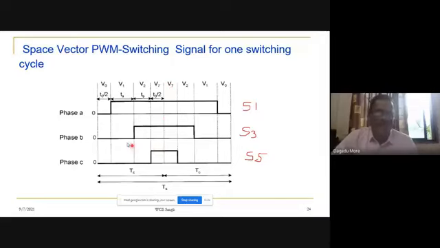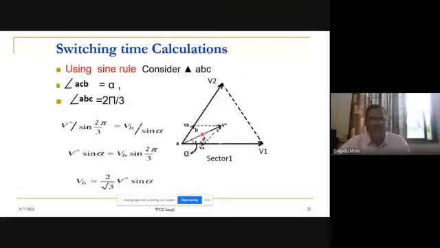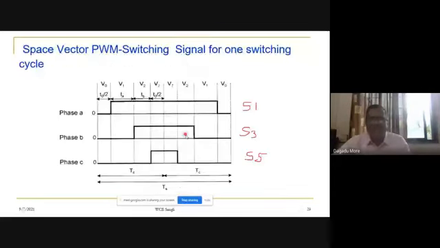And at one instant from TA to TB, there will be only one switching, so one device will turn off and one device will turn on. So this will be the switching signal for S1, S3, S5 for a very short duration, TS. For the next duration, depending upon the alpha values, alpha is changing continuously here. And depending upon that, the time period will change, and you will get the change in TA, TB, and T0.